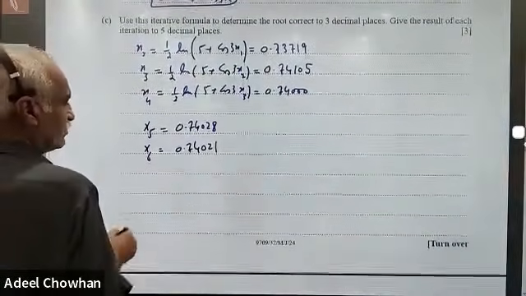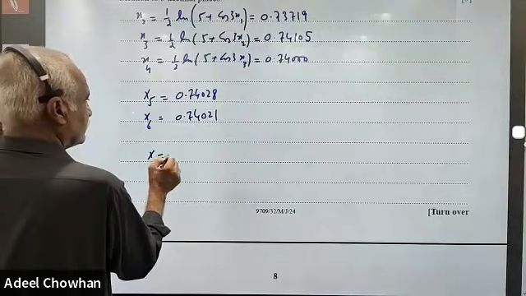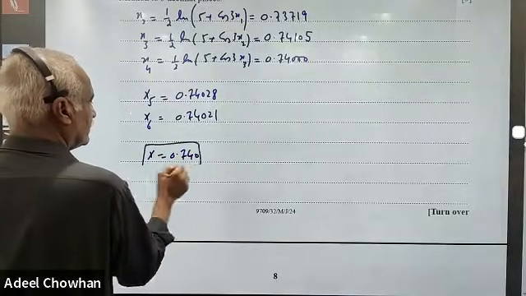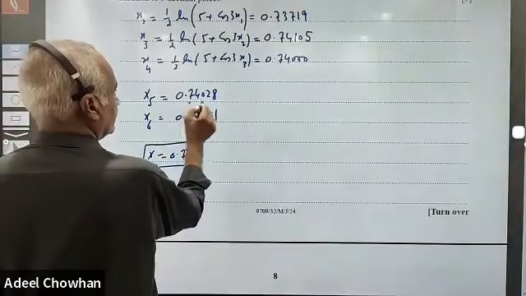So 0.740 is the answer, because these 3 digits are the same.